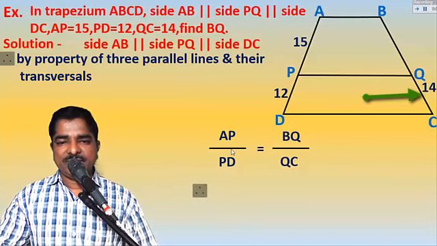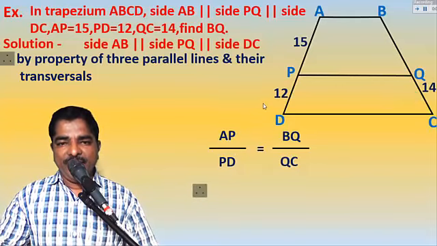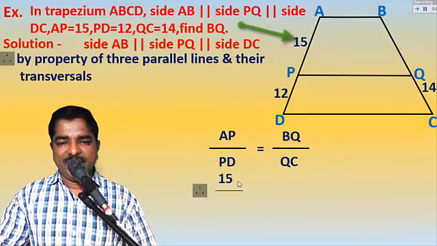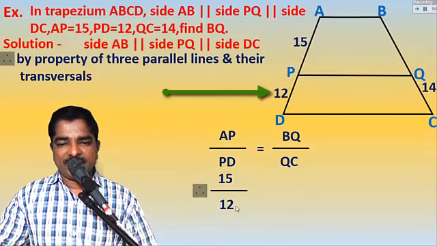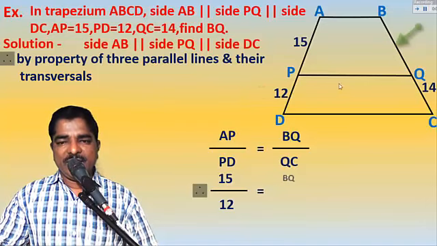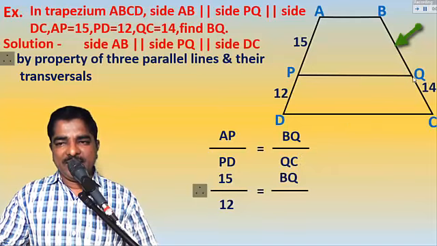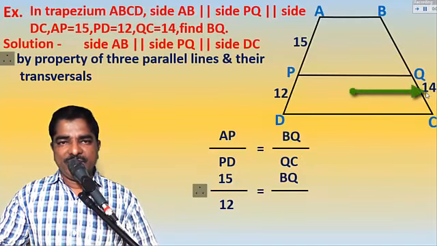Therefore, substituting values: AP is 15 divided by PD, which is 12, is equal to BQ, the unknown, divided by QC, which is 14.